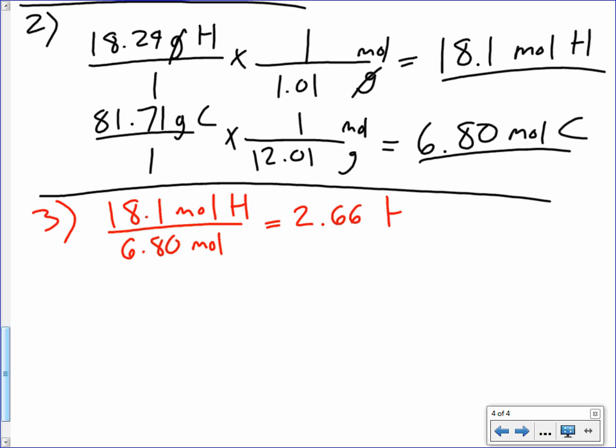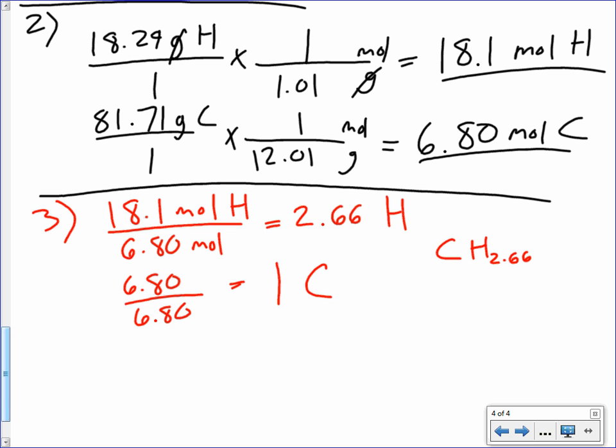Okay, so let's hang tight right there. So let's do the same for carbon. 6.8 divided by 6.8, taking some shortcuts here. And we're going to get 1, obviously. So what this means is the empirical formula for our compound is going to be C1H2.66.